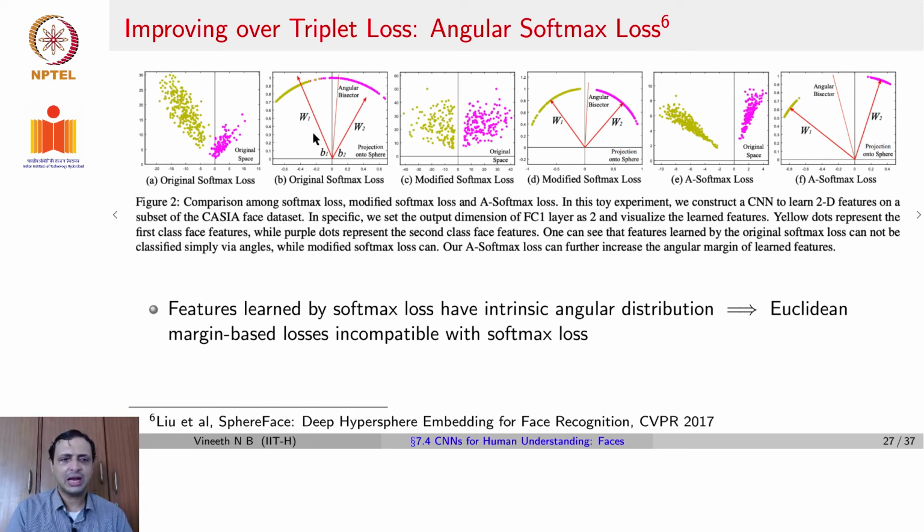One can see that if you normalize these vectors and get a unit norm, it may be a little difficult to use the cosine distance between these two to separate the identities. You can see here that there are certain points where the yellow and the purple almost overlap. This could be improved by using a modified softmax loss, where you normalize your weight vectors before obtaining these embeddings. We will see the formal definition soon.